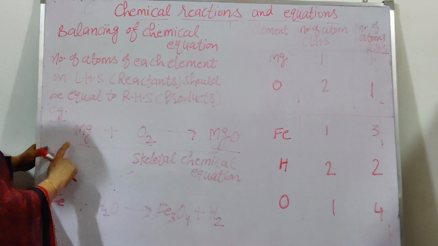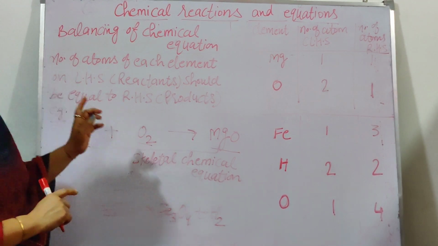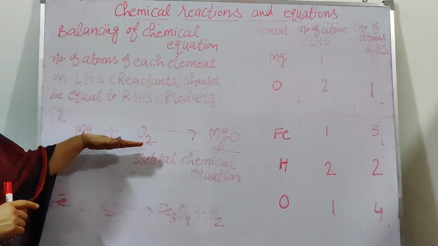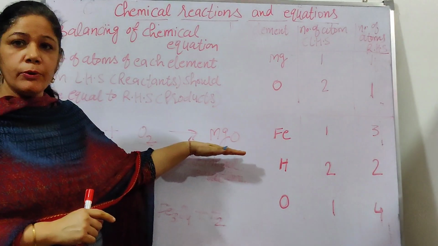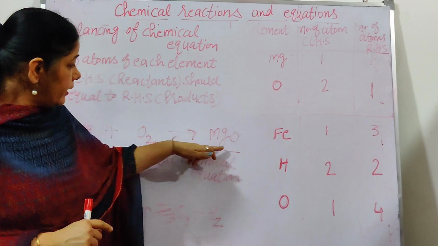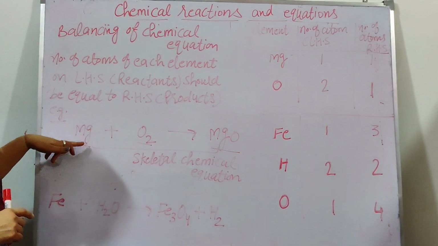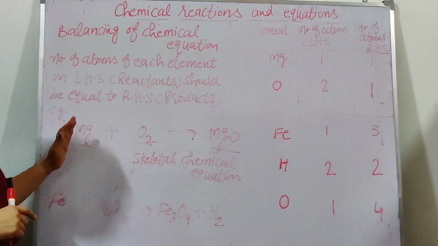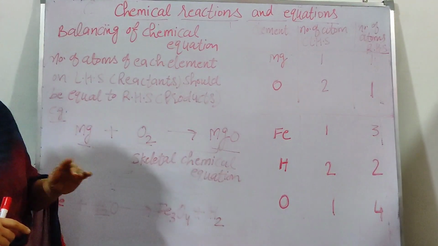As you can see, according to the law of conservation of mass, the mass should be equal on the reactant side as well as on the product side. That is, whenever a chemical reaction takes place, the number of atoms of each element before the reaction and after the reaction should remain the same.